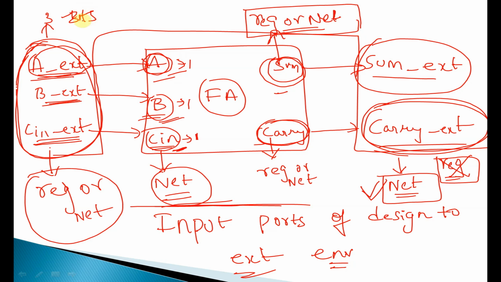Then only the LSB, that is only 1 bit, will be connected to these ports, and the remaining 2 bits will remain unconnected. We will see this when we are connecting, so don't worry about that.